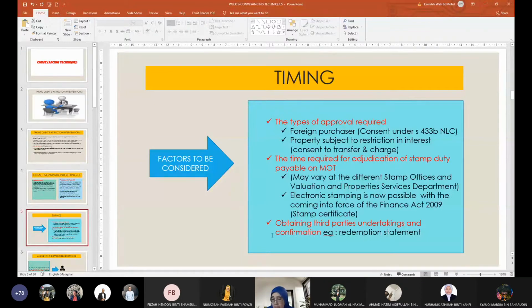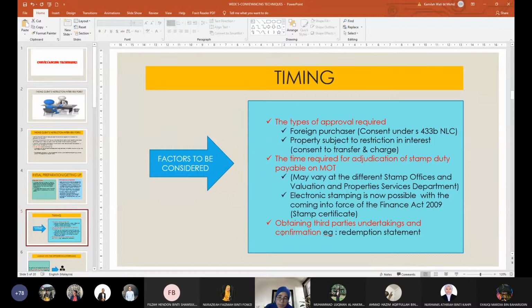Obtaining third parties' undertakings and confirmation. This is another factor that will actually delay the process of the transaction. Because when we do conveyancing, we are liaising with so many parties. For example, if we are the purchaser's solicitor, we are liaising with the vendor's solicitor. We liaise with the land office, with the stamp duty office, with the municipal council.